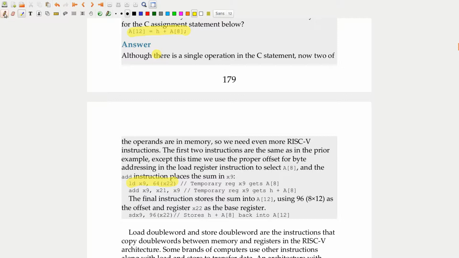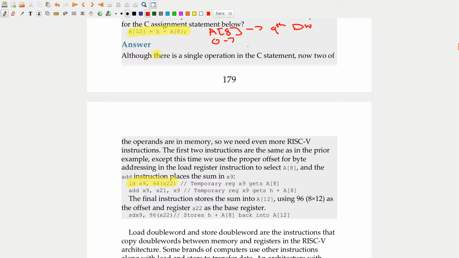Let me get out the pen. Let's break this down for a second. A of 8, what does A of 8 mean? It means they want to access the 9th double word. The reason it's 9th is because you have 0 through 7, so you have 8 previous to it.